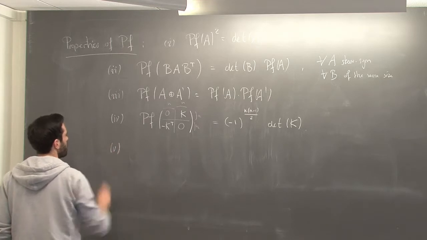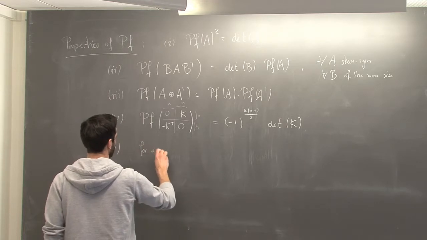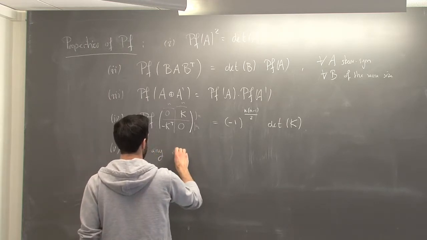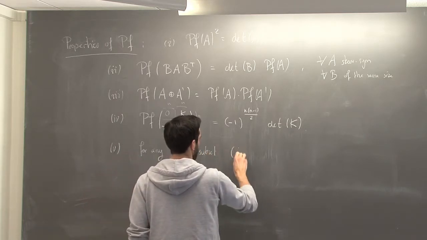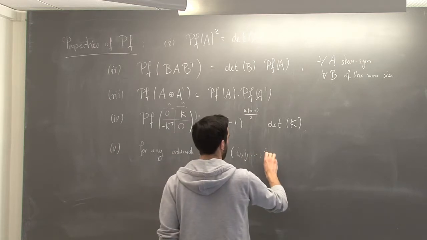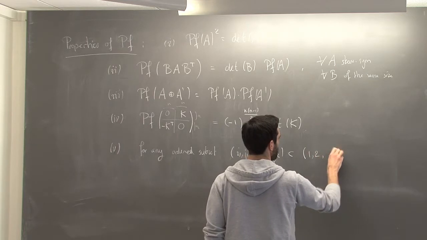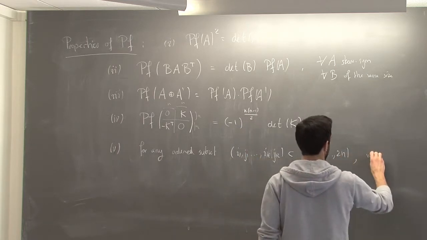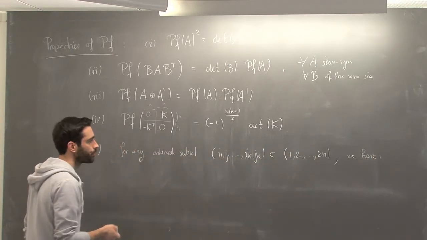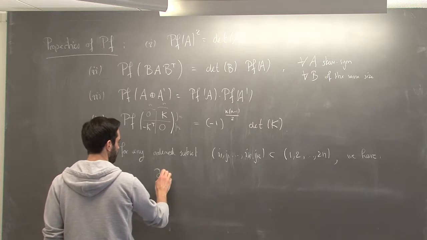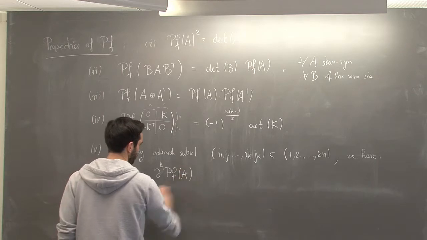Two more properties. Number 5, for any ordered subset I1, J1, up to IK, JK of the ordered set 1, 2 to n, I want to consider the derivative of the Pfaffian.